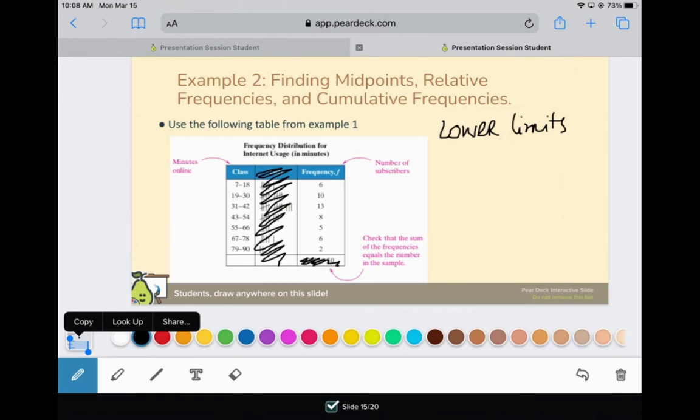Okay, some of you tell me it's 7 through 18. That is not true. So let's focus on this column. Look at the class, on this column only. Think about the lower limit as the low values, the first number for each class.